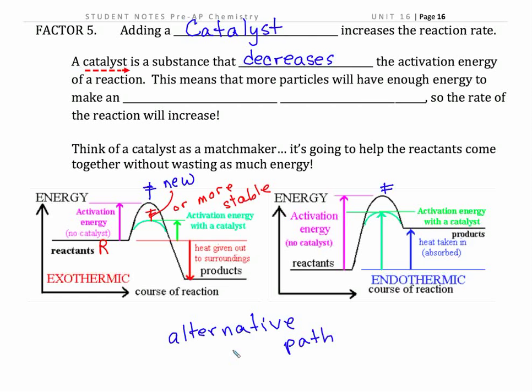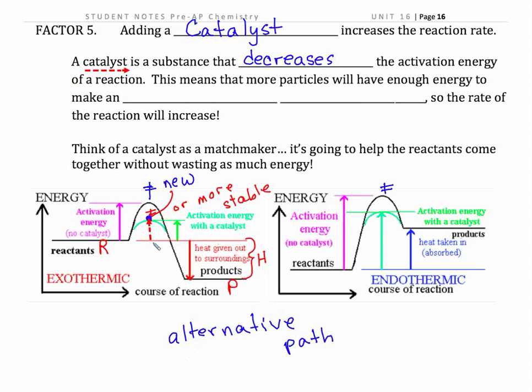Notice that the potential energy of the reactants is the same. The potential energy of the products is the same. Our delta H is the same. Here's what changes. My activated complex energy is lower, and therefore my activation energy is lower.